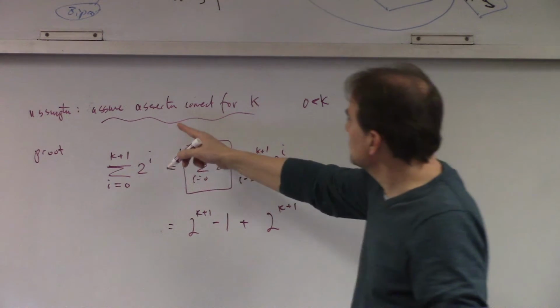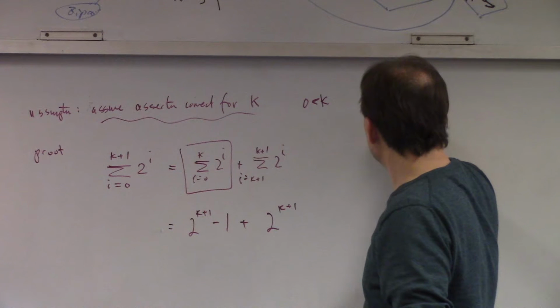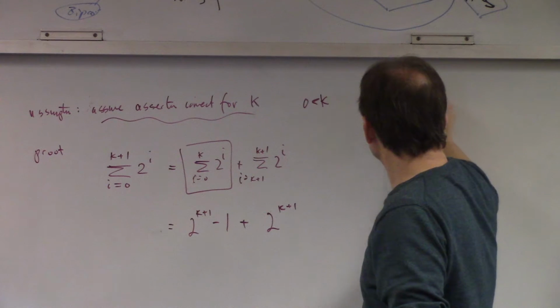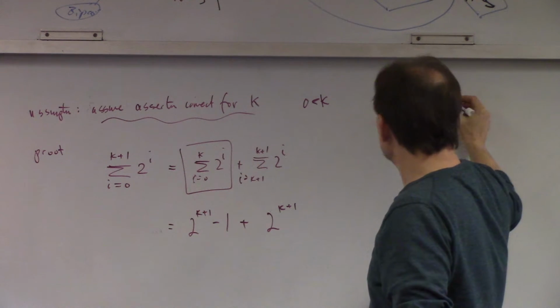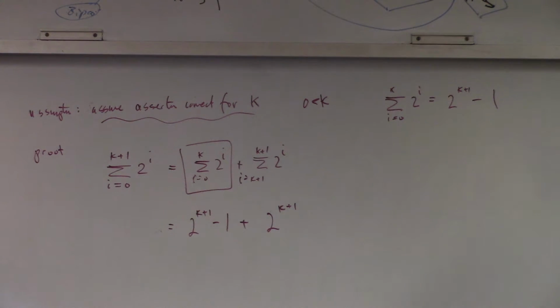So when we assume the assertion is correct for k, that means the assertion is true as i goes from 0 to k of 2 to the i. That's going to equal 2 to the k plus 1 minus 1, if it's correct for any k.